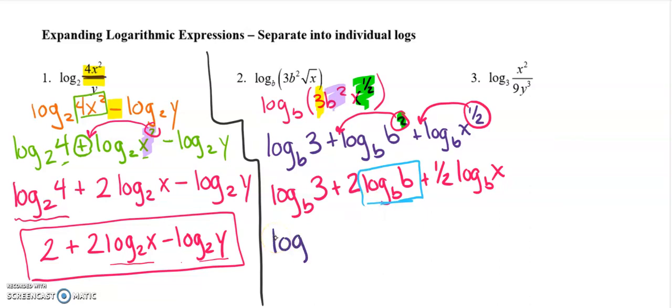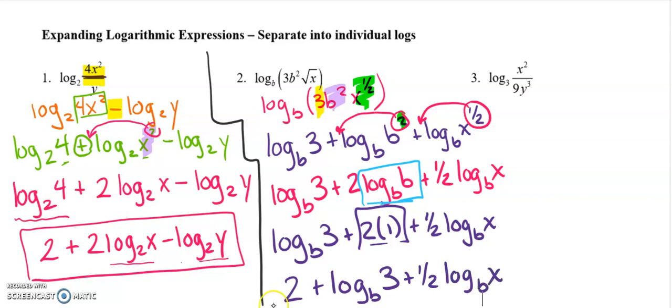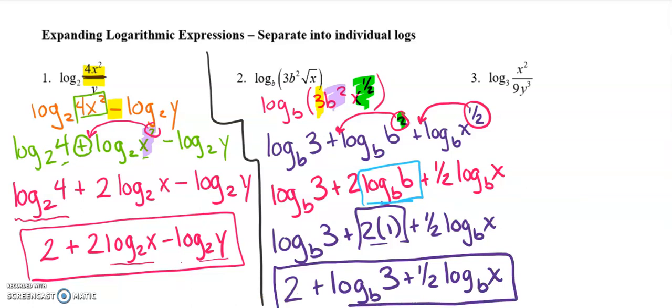So then that gives us log base b of 3 plus 2 times 1 plus 1/2 log base b of x. 2 times 1 is just 2. Put that out front. You don't have to. It just looks a little neater in my mind. And then the rest is the same. So now we have those logs separated into individual logs.